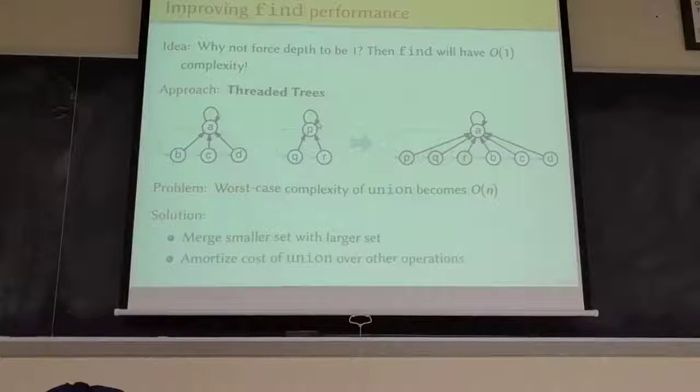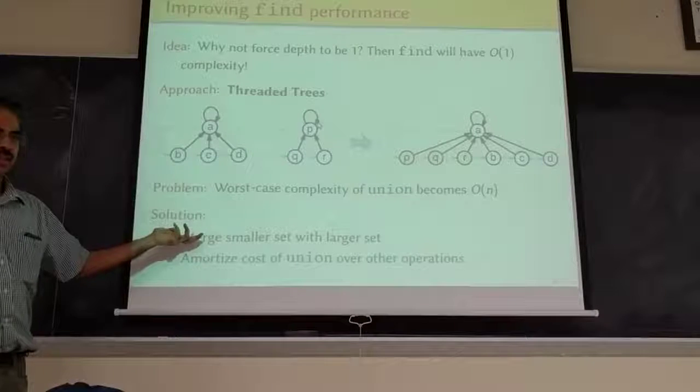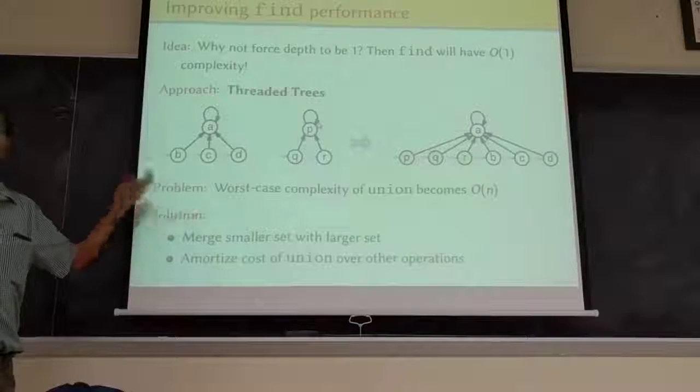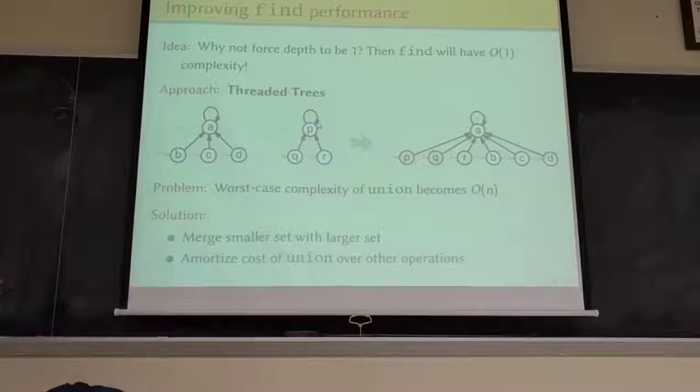We can in fact apply a very similar idea. Again, keep track of the sizes of sets, and then make sure that it is the smaller set that is merged into the larger set.